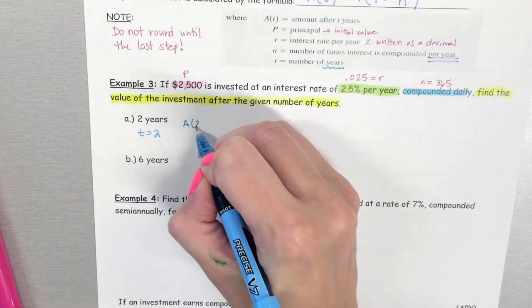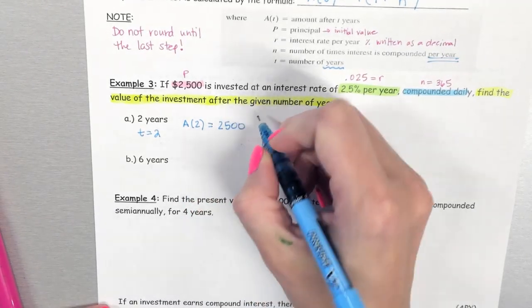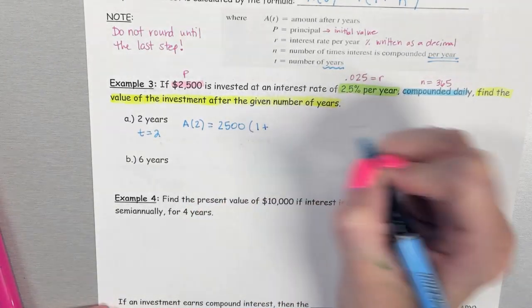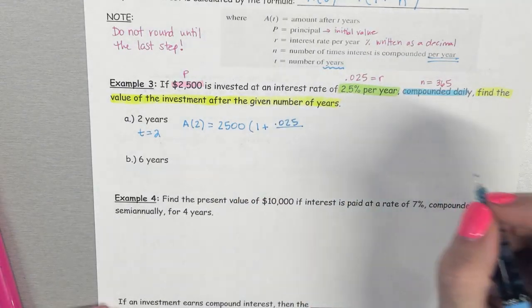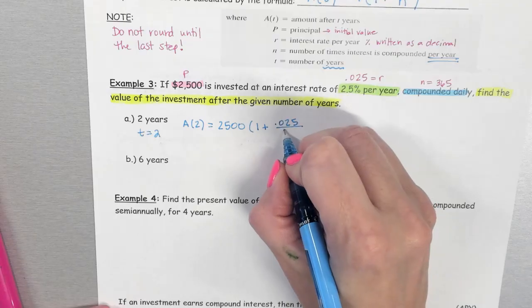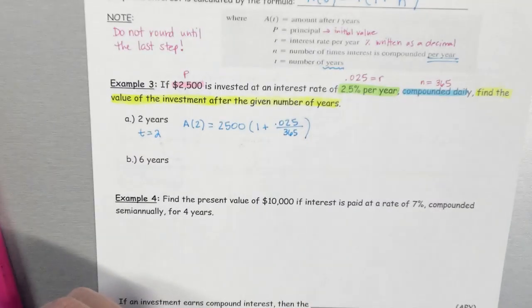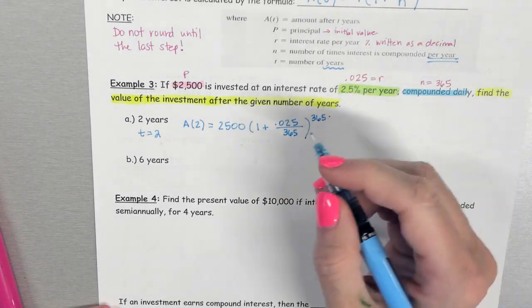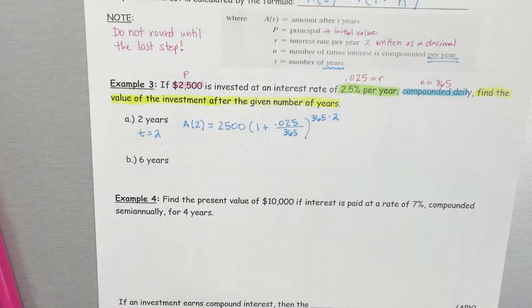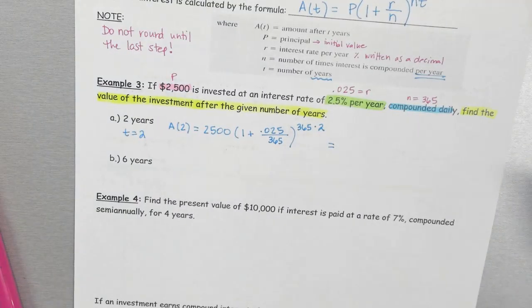So your A of 2 would be to plug in your 2,500 times 1 plus 0.025 over your value of N, which we said was 365, and that is raised to the power of 365 times T. Now, whenever you have money, you are always going to round to the nearest cent.